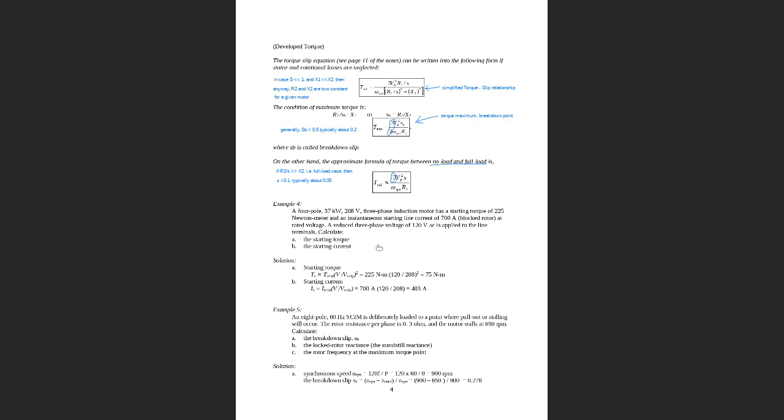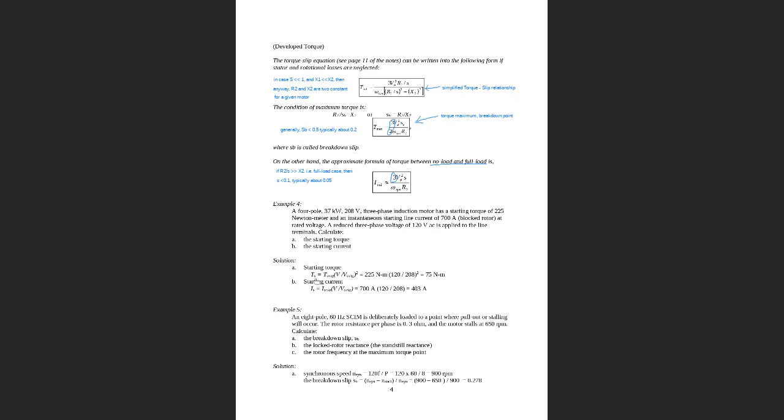For this given motor, with 208 volts the starting torque is 225 Newton meters. Without changing the frequency, the voltage is down to 120 volts, so the starting torque will also go down.